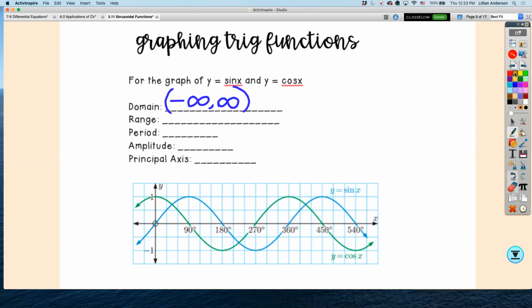Who remembers how to write that in set builder notation? It actually would be equal to all real numbers. So that is the set of x values such that x is an element of the real numbers.